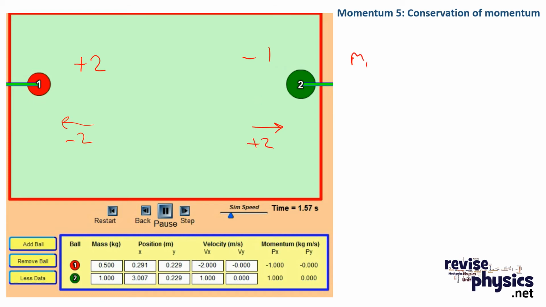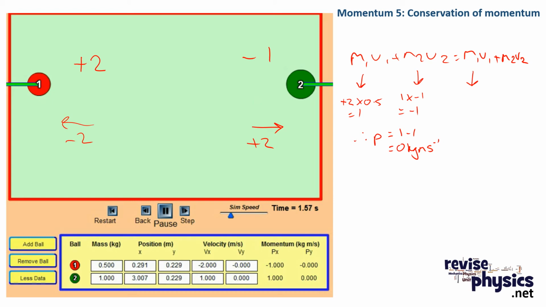So m1u1 plus m2u2 equals m1v1 plus m2v2. Let's see what we get here. Well, m1u1 was +2, velocity times the mass of 0.5, which equals 1. m2u2 was 1 times -1, which equals -1. Therefore, total momentum here was 1 minus 1, which equals 0 kilogram meters per second.